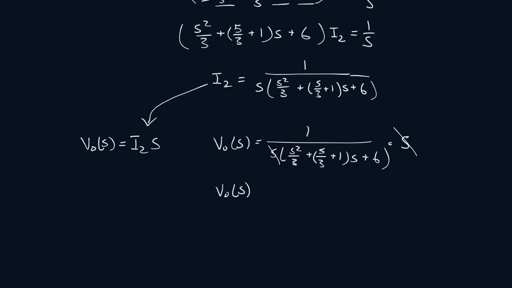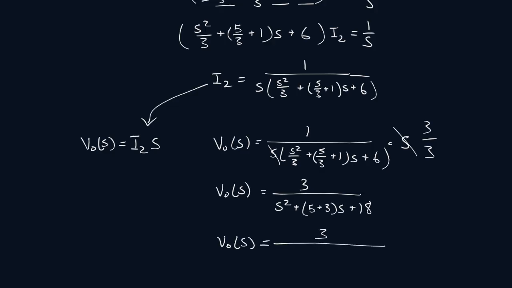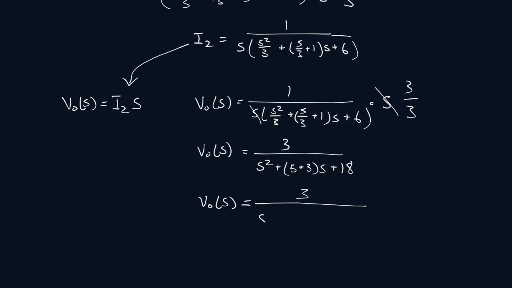Now let's see what we should do. Let's times the top and bottom by 3. Okay, so the top is 3, and so this will be s squared plus 5 plus 3 s plus 18. So that's s squared plus 8s plus 18.